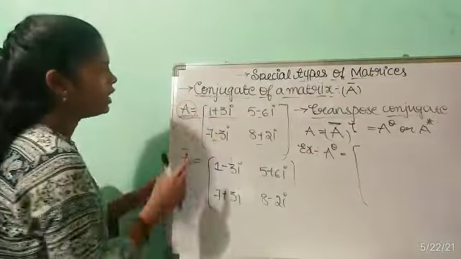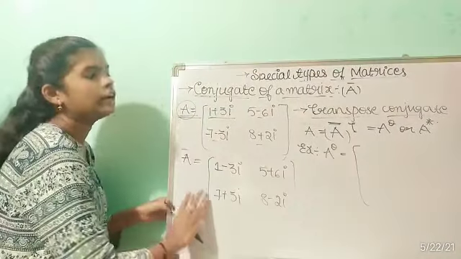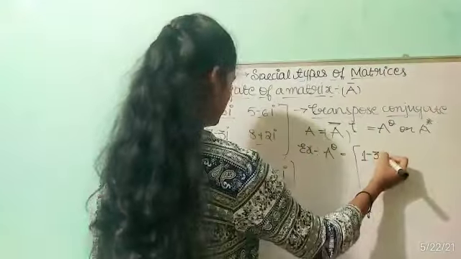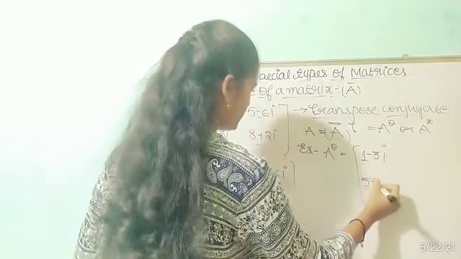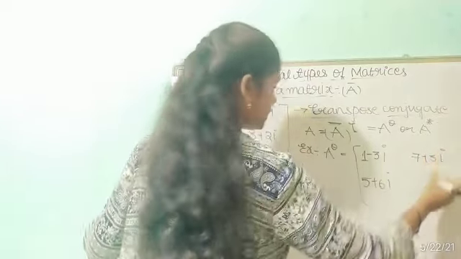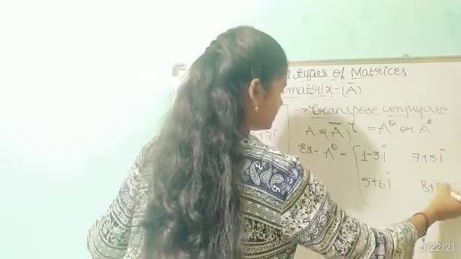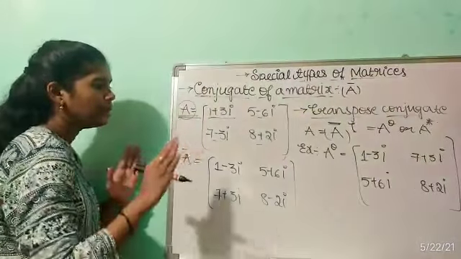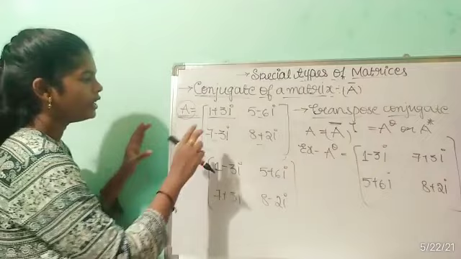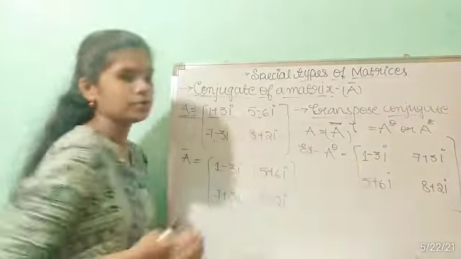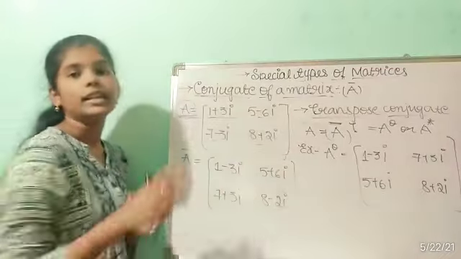We already have the conjugate, and just we have to transpose this into rows and then columns: [1 minus 3i, 5 plus 6i; 7 plus 3i, 8 plus 2i]. Simply, we have to find the conjugate and next we have to transpose it. That is conjugate and then transpose conjugate.